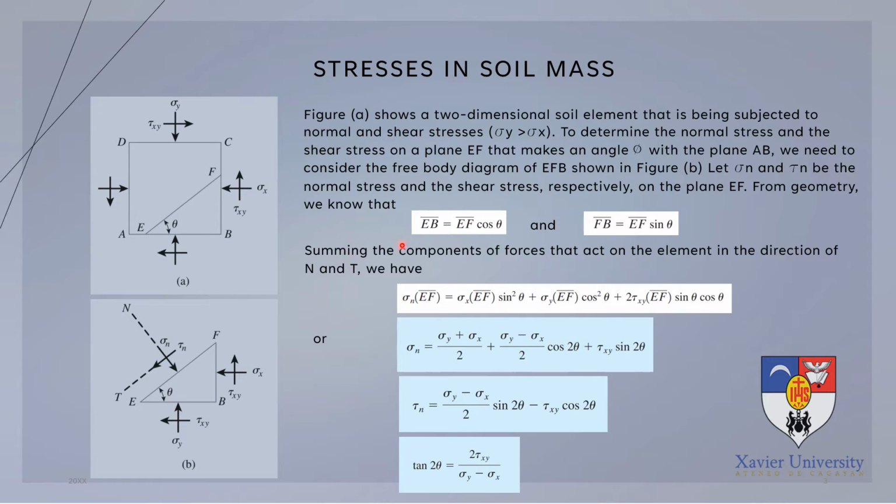From geometry we know that EB is equal to EF cosine theta and FB is equal to EF sine theta. Summing the two components of forces that act on the element in the direction of our normal stress and the shear stress, or the N and the T axis, we can come up with this formula here for our normal stress and our shear stress, as well as our tangent of theta, the computation for our theta.